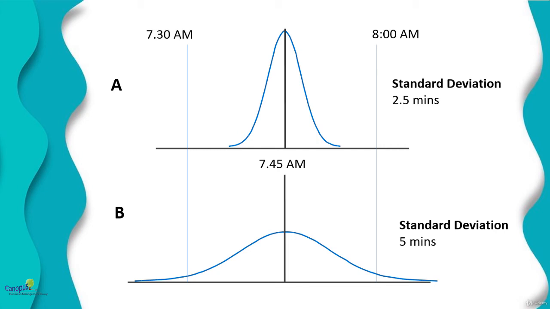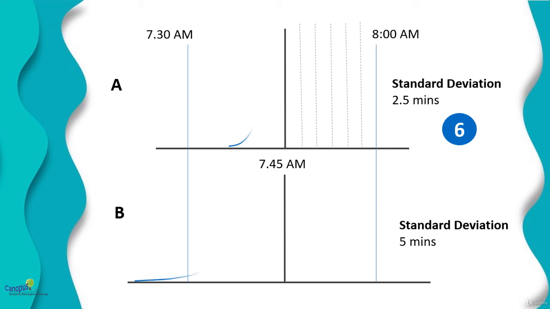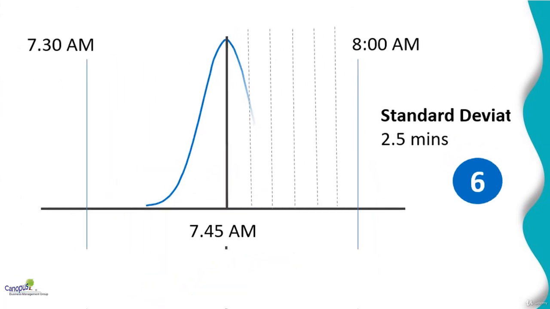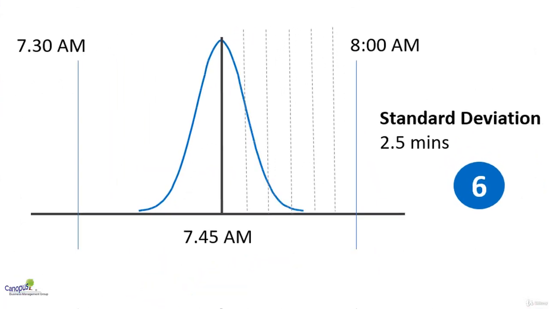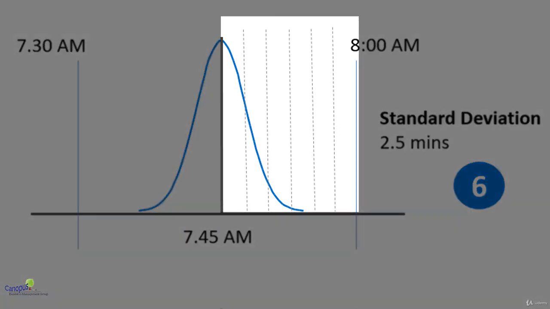If I start adding 2.5 to 7:45, I will be able to pack 6 2.5s from 7:45 to 8 a.m. As you see on the screen, I can pack 6 standard deviations between the target time of arrival of the train and the upper tolerance, or the upper limit of your waiting time.